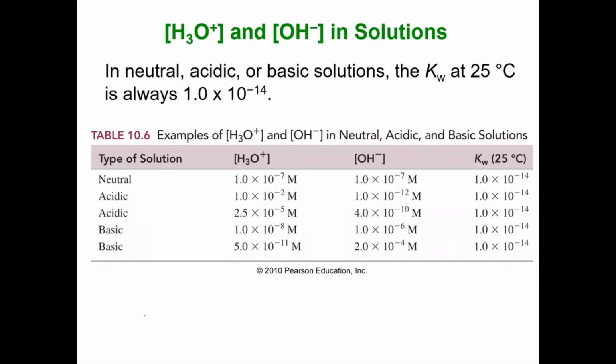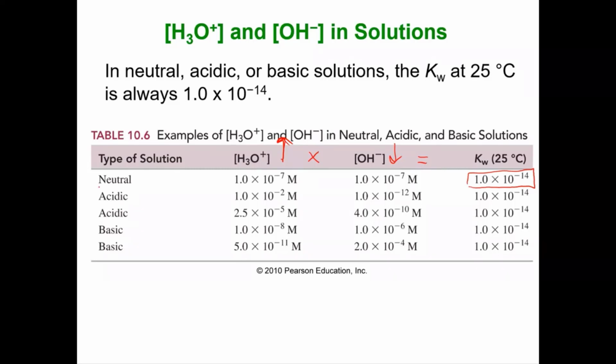And we also discussed, my hydronium ion times my hydroxide ion equals Kw, which is always 1 times 10 to the minus 14. If this hydronium ion concentration goes up, then the hydroxide has to go down because they are inversely related.